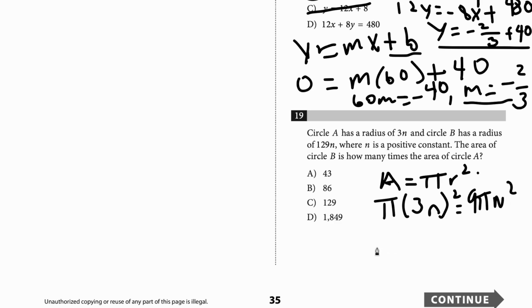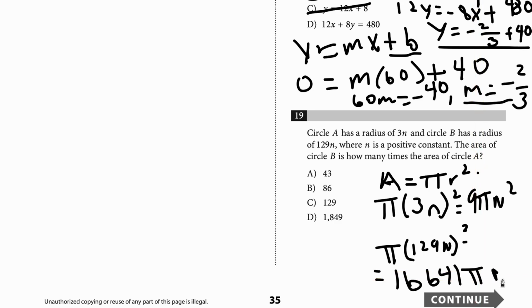Now let's do it for B. So we do pi times, wow, this is a big number, so 129n squared, which would equal, actually not 129, my mistake, it'd be 129 squared, which would be 16,641 pi n squared.